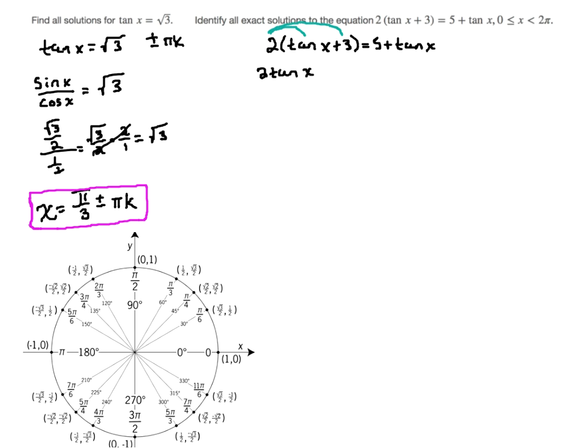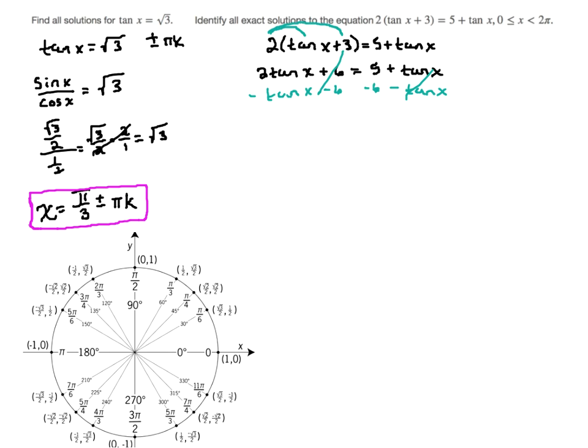So I have 2 times the tangent of x plus 6 equals 5 plus the tangent of x. Okay, so I can come back and I can subtract the tangent of x off of both sides, and I can subtract 6 off of both sides.